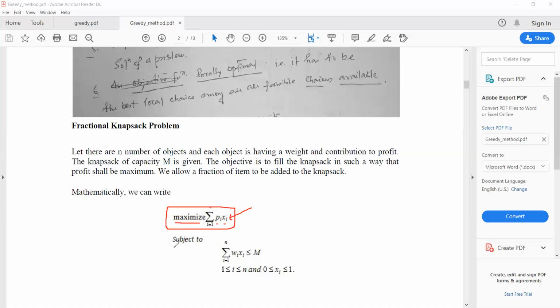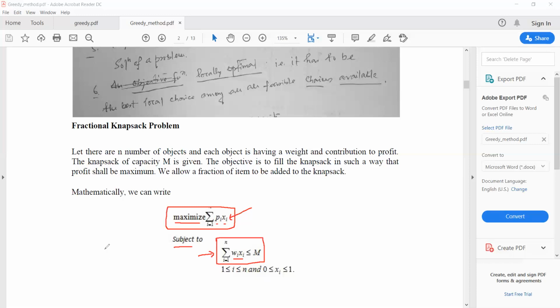Subject to that, weight wi times xi, where wi is the weight and xi is the fraction of that particular item, will always be less than or equal to the maximum capacity of the knapsack.